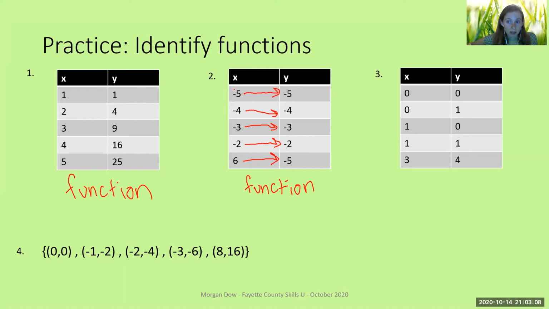What we look at is each input. So this input of -5 should only have one output. The input of -4 should only have one output. It shouldn't show up with any other numbers. -3 should only have one output. -2, only one output, and 6, only one output.